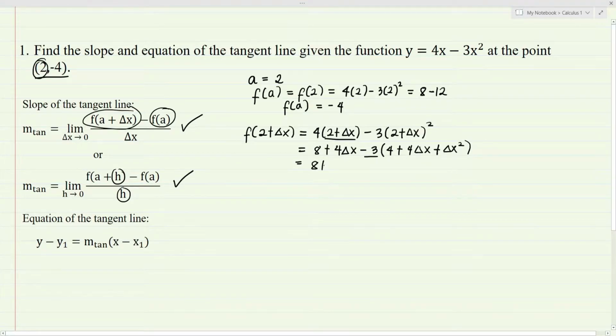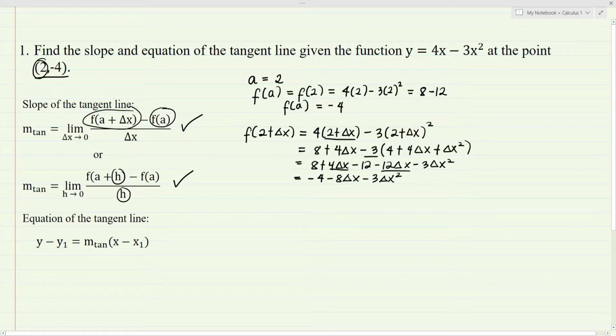I would have 8 plus 4 delta x minus 12 delta x, then minus 3 delta x squared. Next is I can combine terms here. I will have here 8 minus 12, that will be negative 4, followed by 4 delta x, then negative 12 delta x. It will become negative 8 delta x. Then copy the last term. I will have here negative 3 delta x squared.